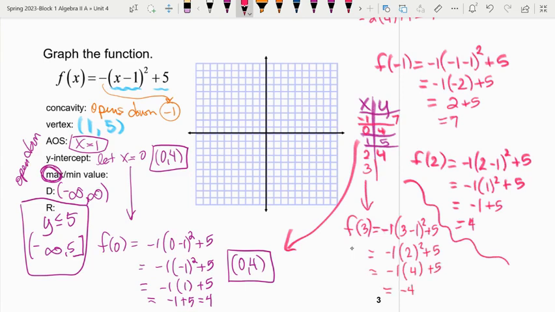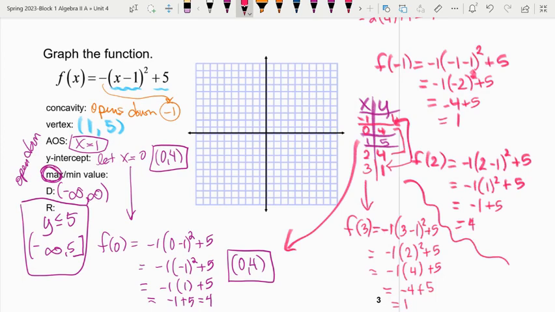So I get negative 4 plus 5, which is 1. That should match to this. Oh, I lost a square there. So negative 1 times 2 squared is 4. So I have negative 4 plus 5, so I end up with 1 here also. It's a good way of checking. These have to match and these have to match.